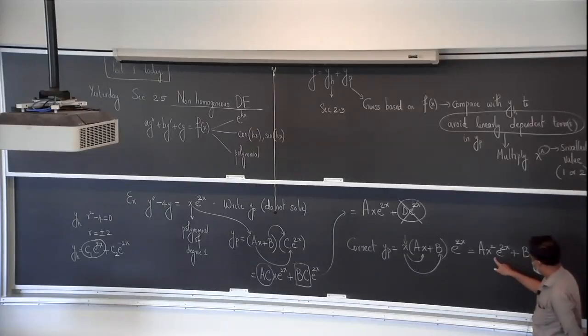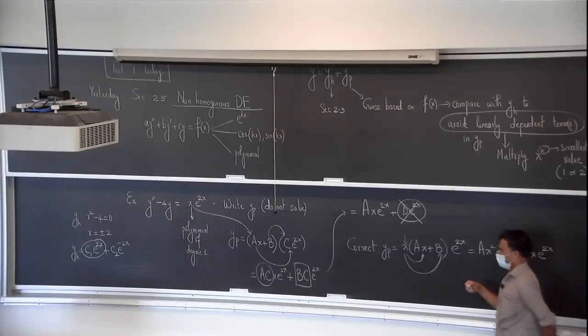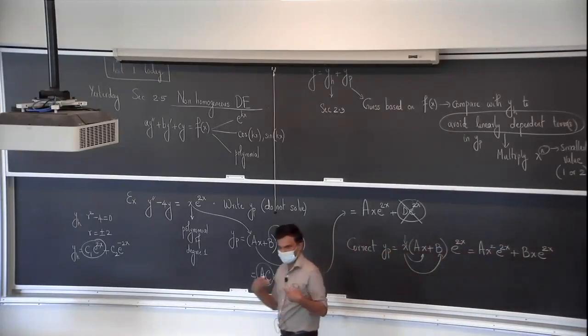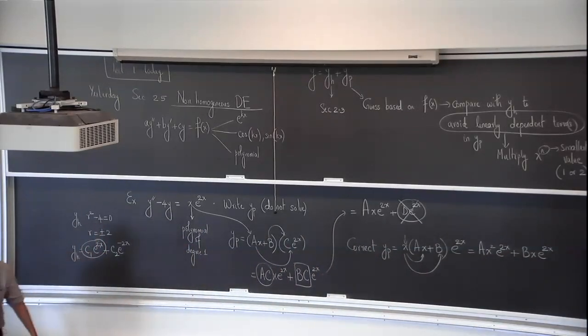Every time you write this, always compare with your YH. This term has nothing linearly dependent in YH. This also has nothing linearly dependent in YH. That's the visual comparison you should make every time before you start doing your YP prime and YP double prime, because that's a lot of work.